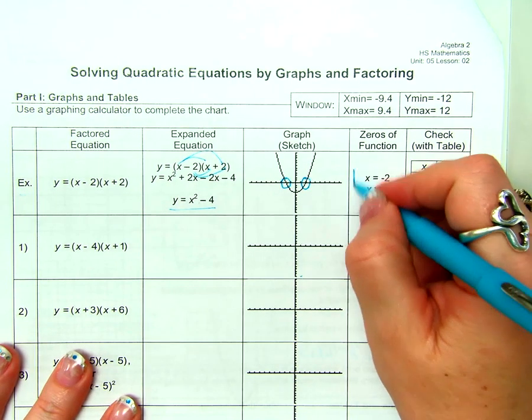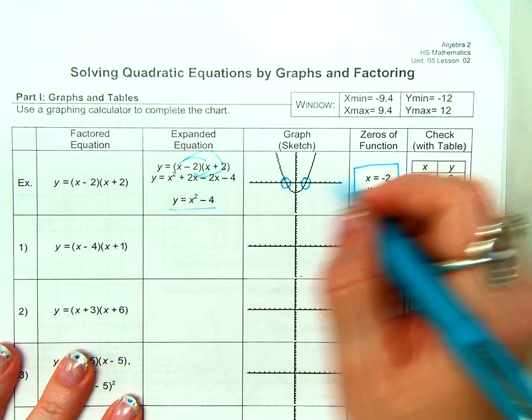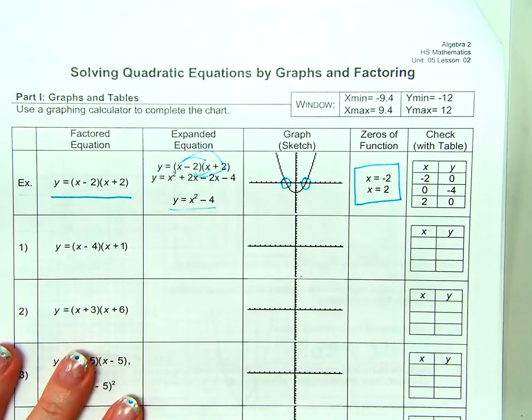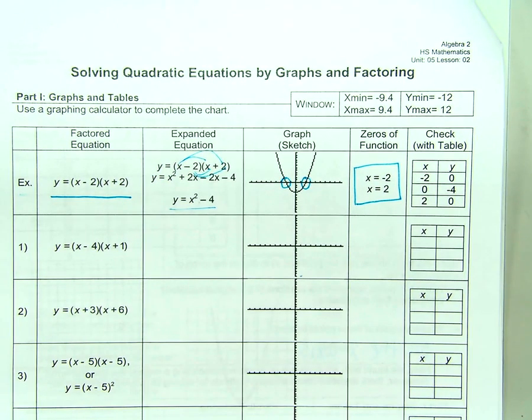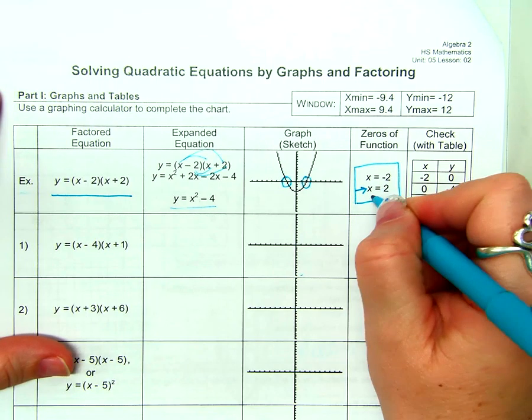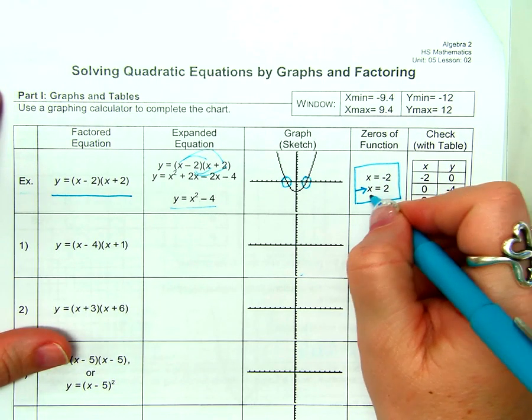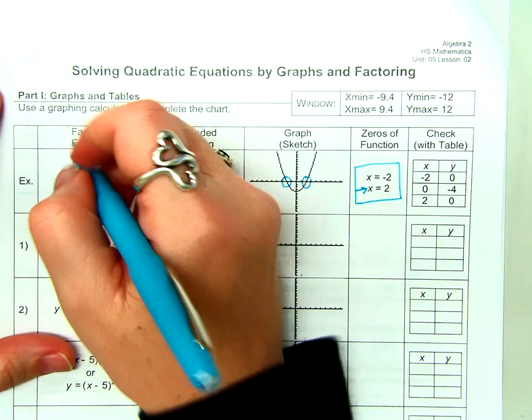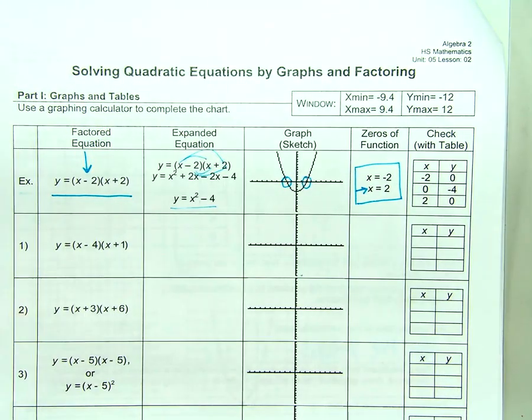Please look at these and compare them to these. Compare the zeros to the factors. Whoa. Okay? This one's a little tricky. It's a little tricky because this 0 right here comes from that factor.